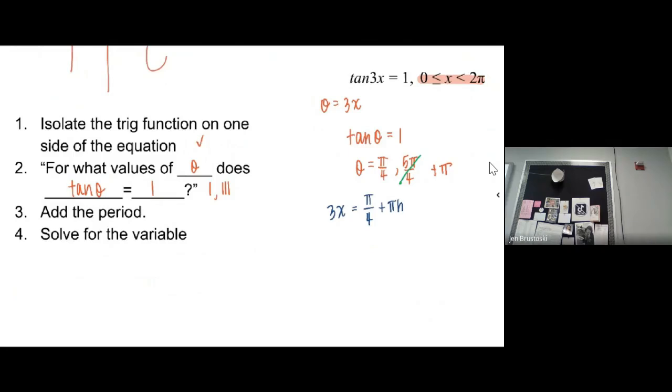Now it's really important we add the period right now when we replace this, and here's why: because we're going to divide both sides by 3, so we can get x all by itself. So I get x equals pi over 12 plus pi over 3n.